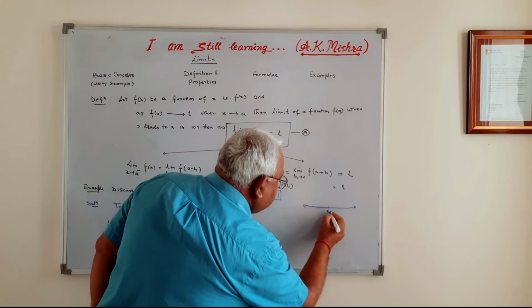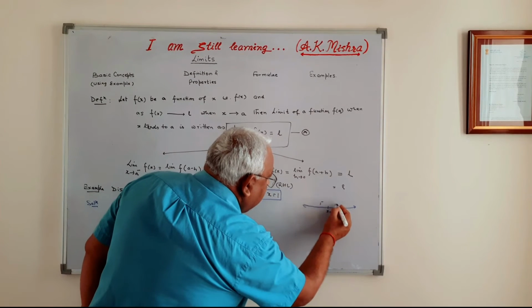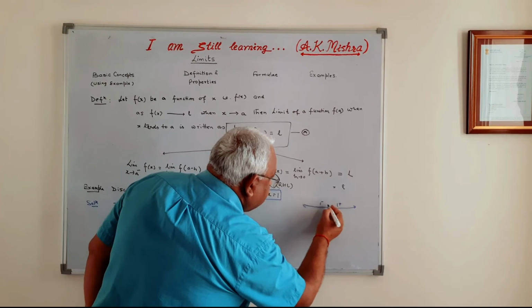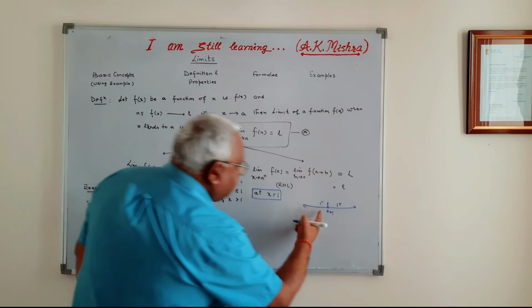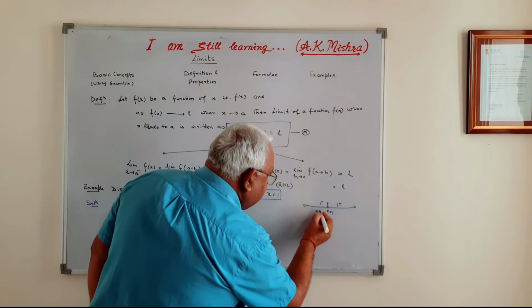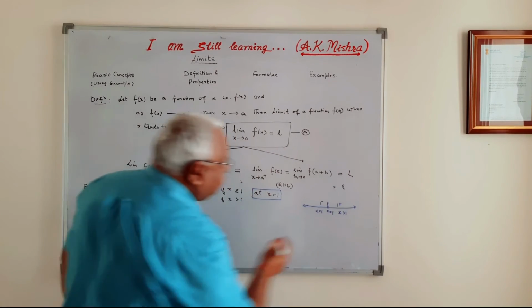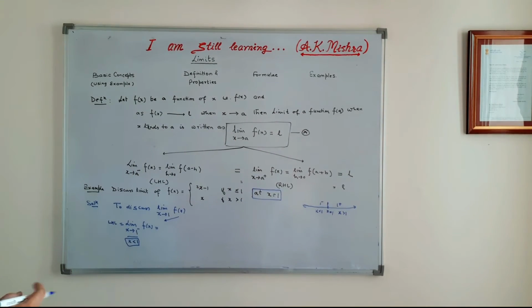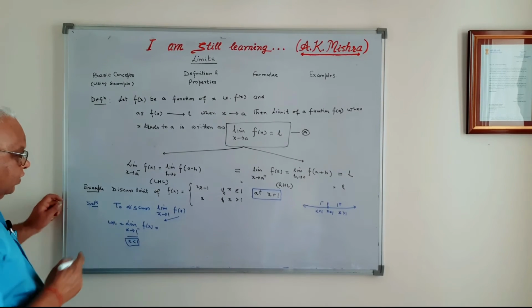At this you need to discuss at 1. So this is your 1 minus and this is your 1 plus. This is your x equal to 1. 1 minus means you have to discuss when x is less than 1, and 1 plus means when x is greater than 1.